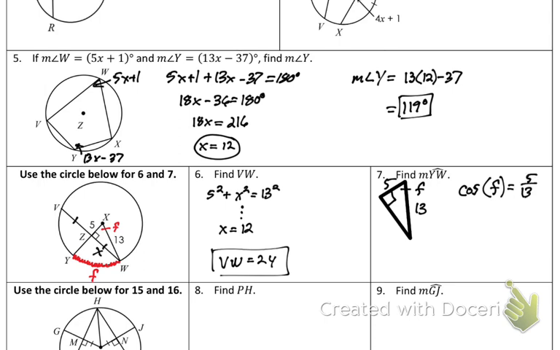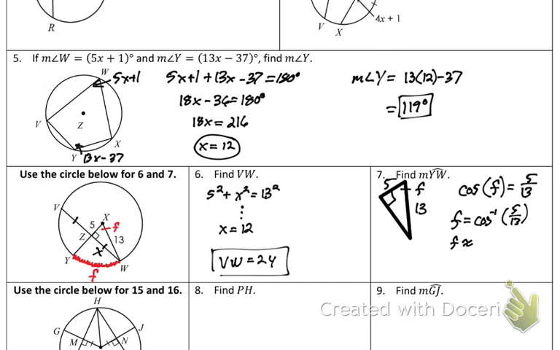Someone already said it, but how do I get the cosine to the other side? Inverse. Inverse is the word I'm looking for. Flip it and reverse it. All right, so we'll have cosine inverse of 5 over 13. We should know we need our calculator for this. And we know it's going to be an approximate. I need it to the nearest tenth.